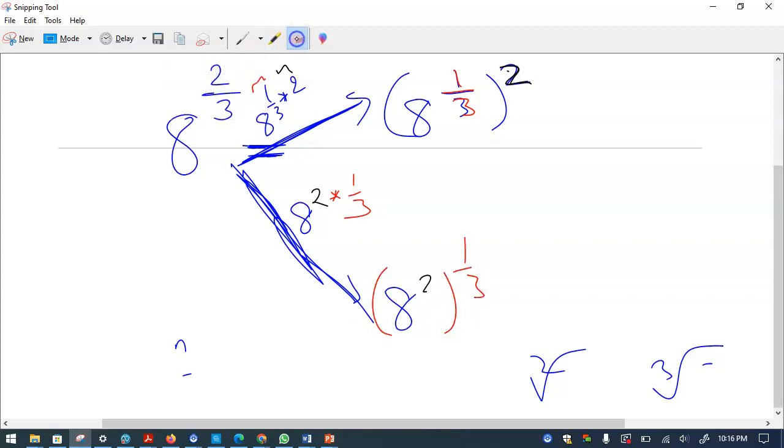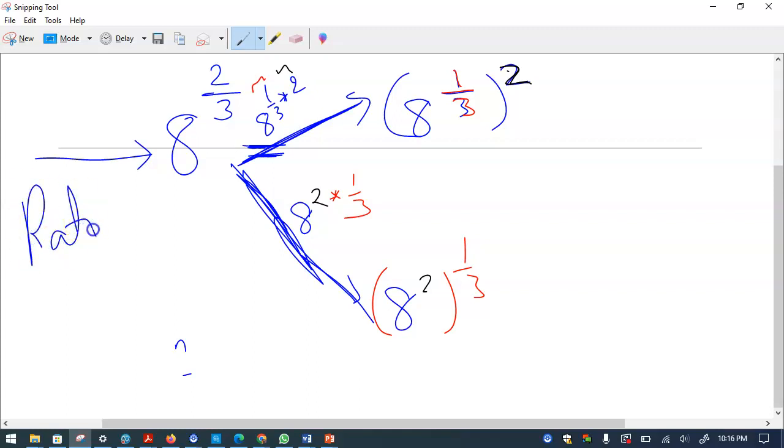See? So these are 2 different approaches to whatever is given. Remember that this is a rational exponent. So the exponent which you see is rational.